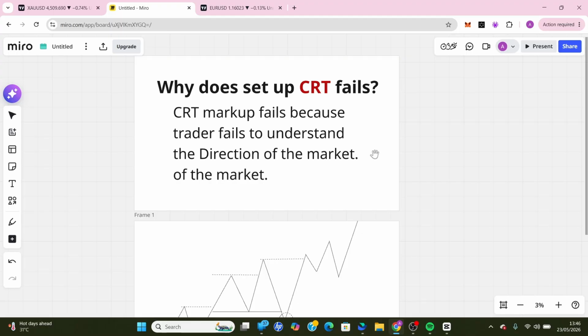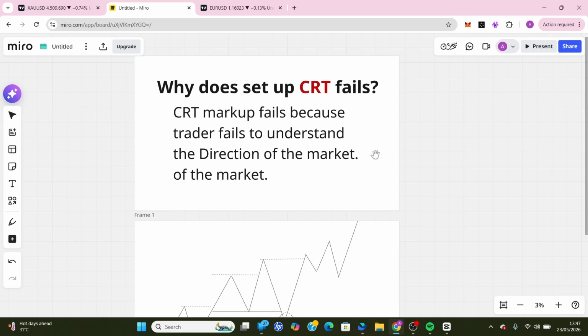Here on my board, you can see an infographic of how to mark up your CRT, the CRT that will work, the valid CRT. A lot of traders jump into the market and mark any level or any set of candlesticks as their CRT without taking into consideration the overall trend or the bias of the market.